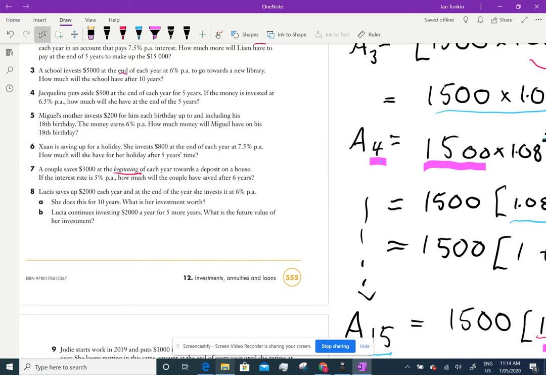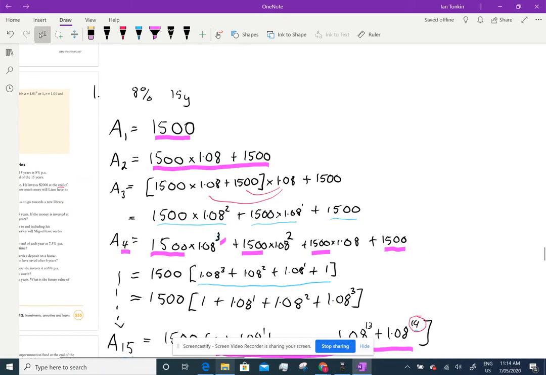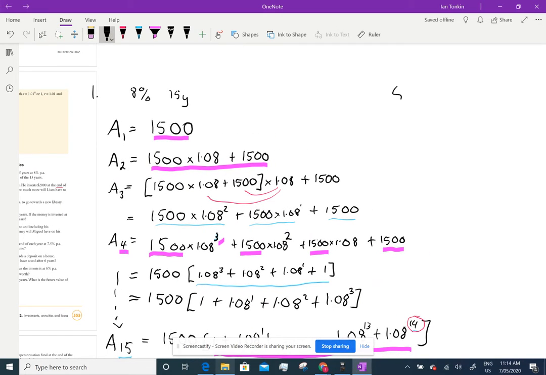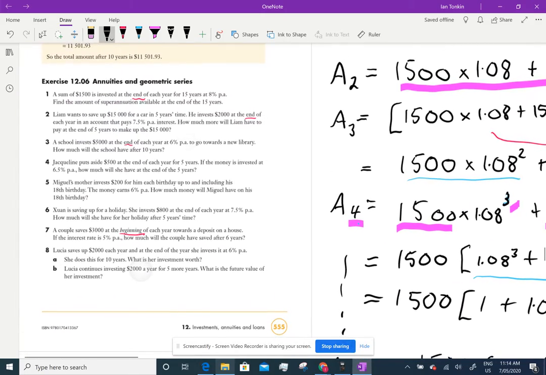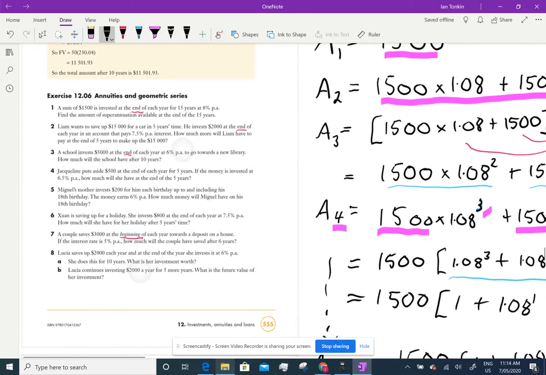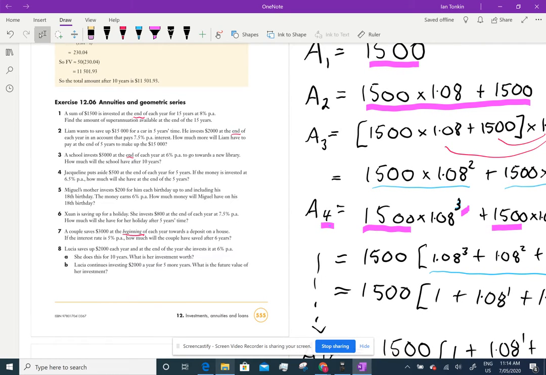Let's do the birthday one. Let's do 5, Miguel. So over here, here's question 5. Miguel's mother invests $200 for him each birthday, up to including his 18th birthday. The money earns 6%.